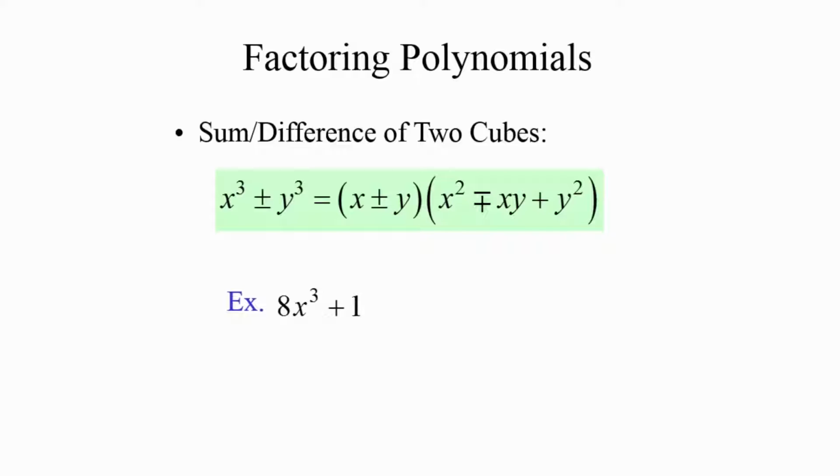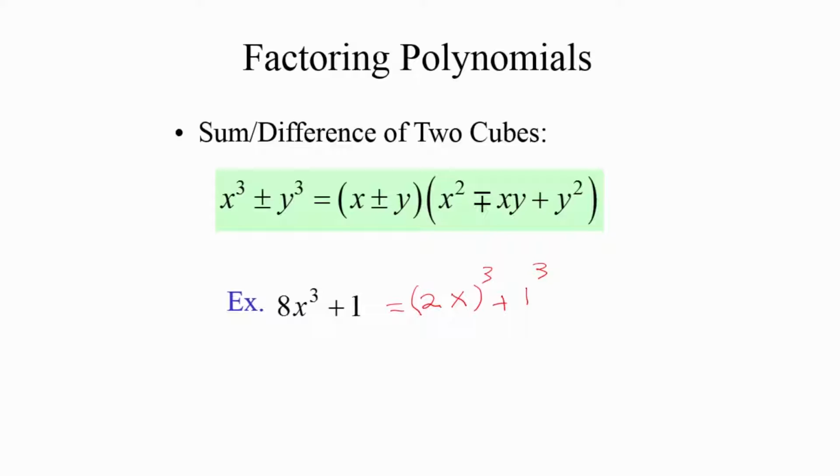So here they give you an example. 8x to the third plus 1. You notice that this is 2x to the third plus 1 to the third. So this is the sum of two cubes. So we can write this based on this factoring that you have up here, right?